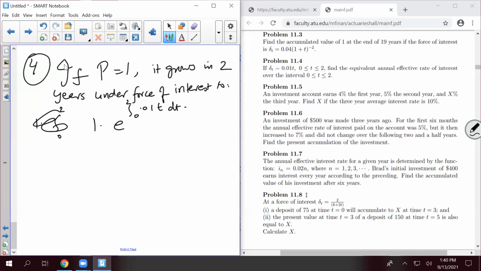Agreed? Because it's P e to the power integral from 0 to t of delta t dt. So that's equal to e to the power 0.01 t squared over 2, from 0 to 2, which is 0.01 over 2 times 2 squared, equal to e to the power 0.02.